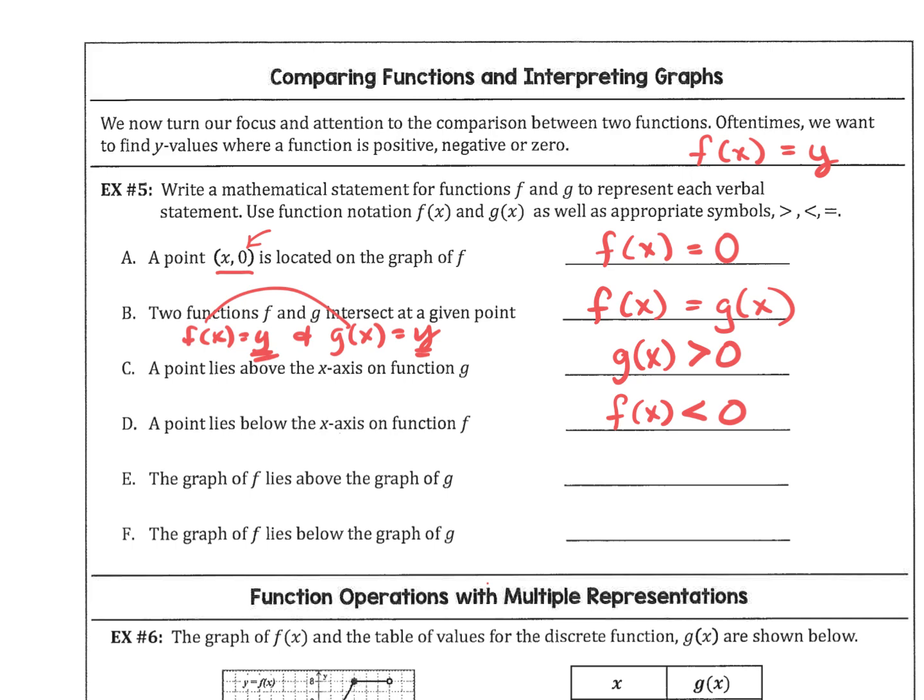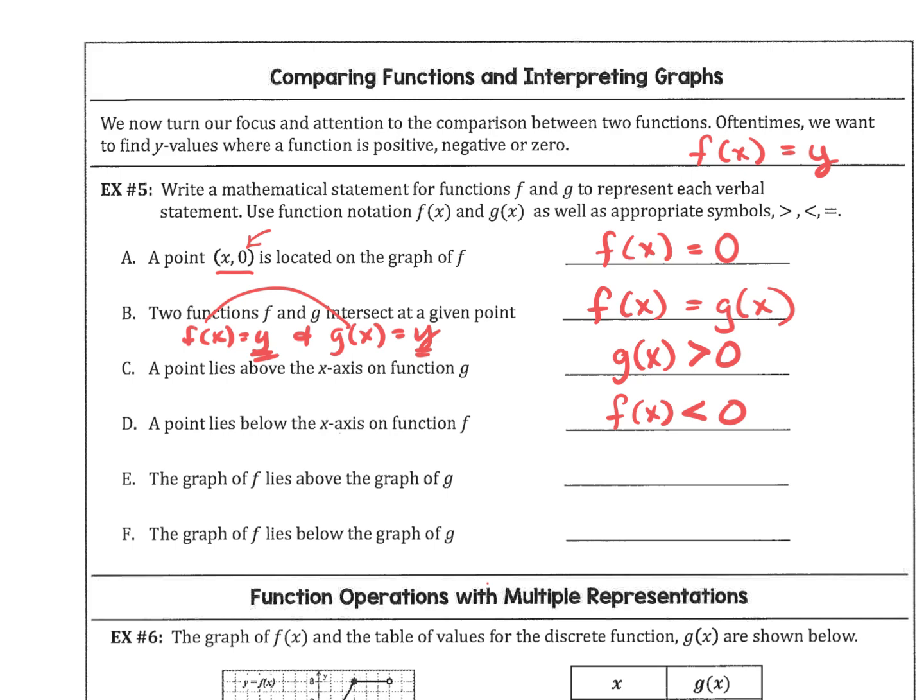The whole graph of f lies below the whole graph of g. I'm sorry, above. I said below. The whole graph of f lies above the graph of g. If f is above g, what does it say about these values versus these values? Greater than.